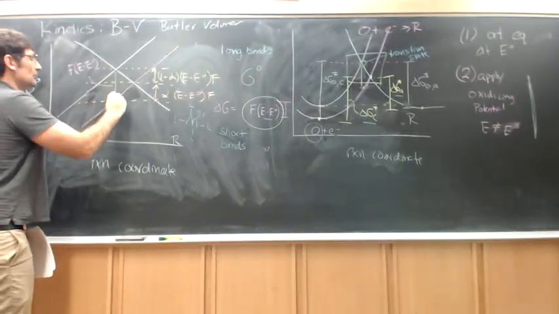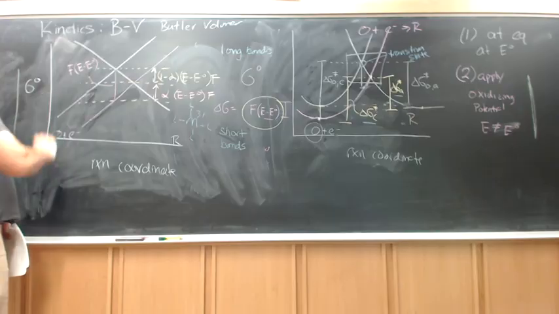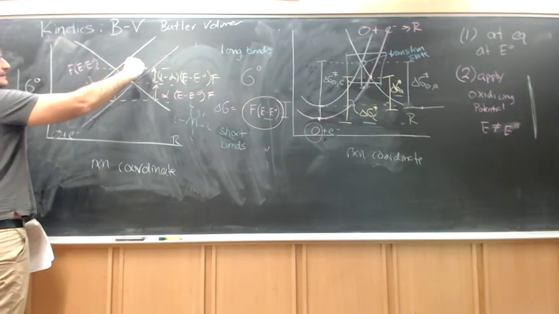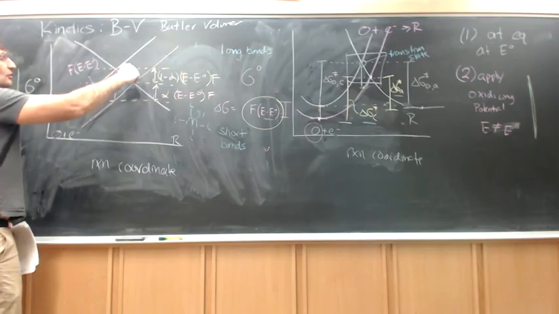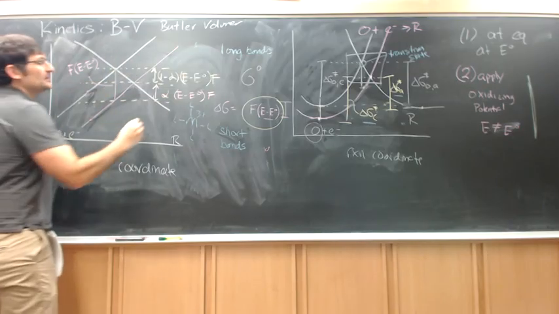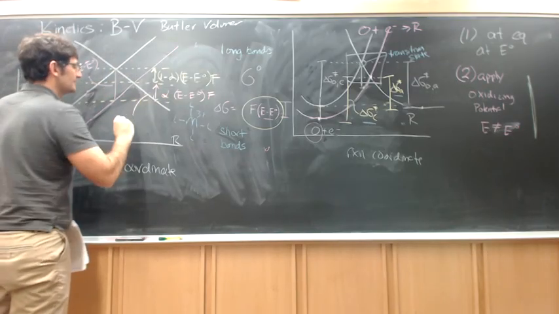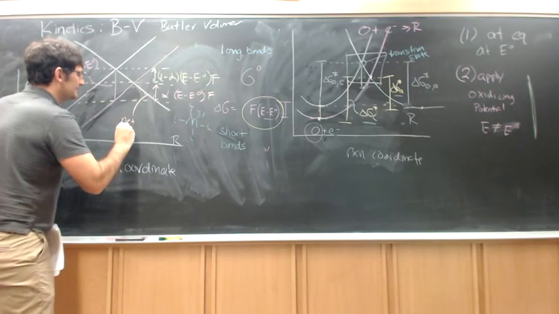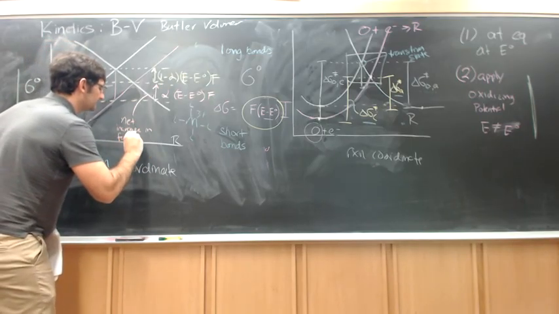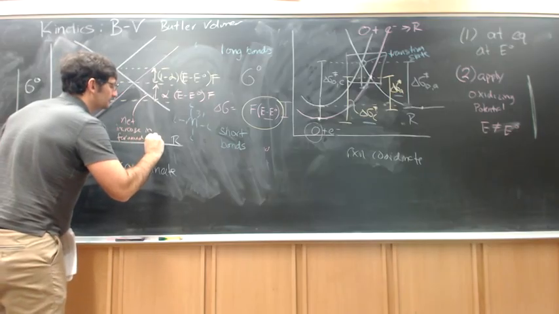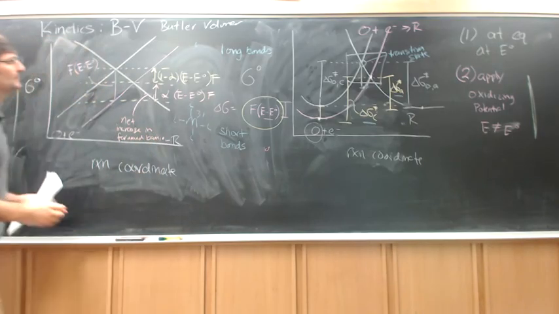So this curve went down by F(E minus E naught). But a fraction of that doesn't count because this crossing point also lowered. So this is the net increase in forward barrier, right?